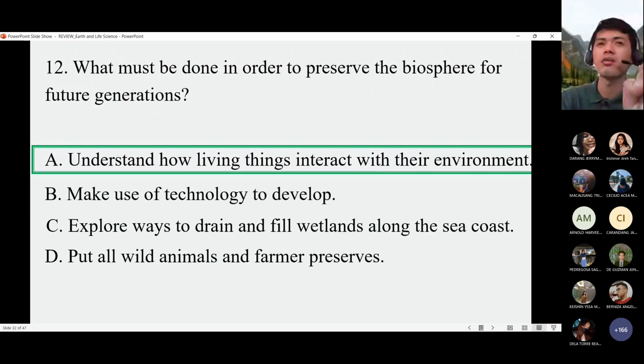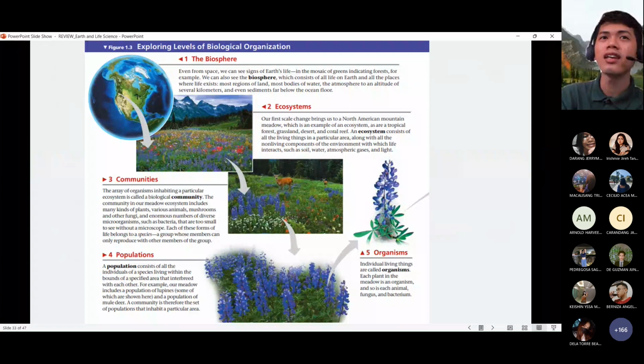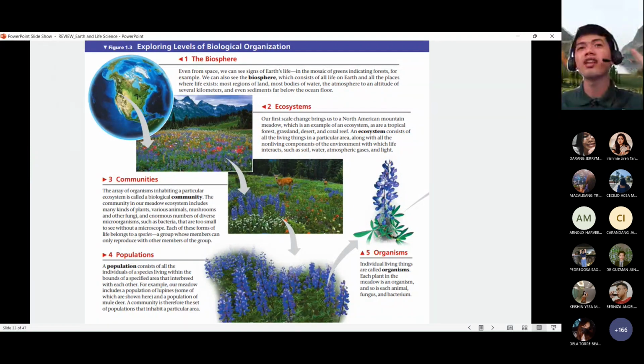Okay, ang unang-unang pag-aaralan mo is to understand how living things interact with their environment. Yan po yung kailangan niyong malaman para ma-save niyo yung biosphere natin. Take note, yung biosphere natin, it's the totality of life on Earth, whether nasa land, nasa water yan, nasa atmosphere or higher altitude, okay, whether nasa ocean floor yan, okay, kasama po yan sa biosphere natin.